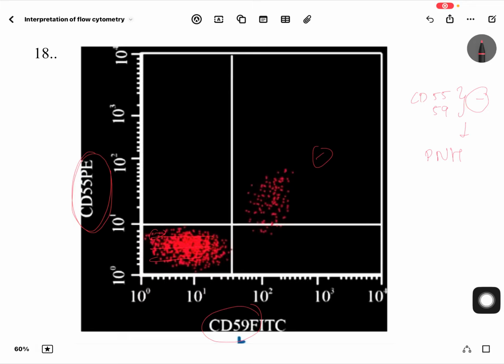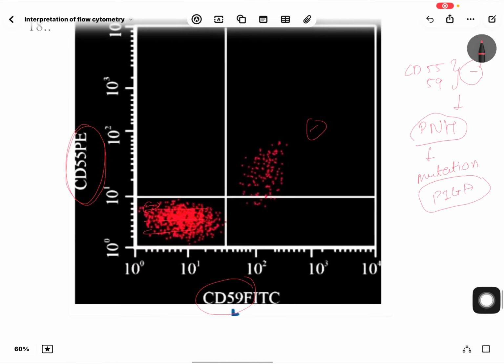Okay, so what is happening in this? There is mutation of the PIGA gene. Okay, so you get blackish dark reddish urine at night. Okay, so remember, this is the most important thing. What are the specific markers for PNH? CD55 is absent, CD59 is absent.